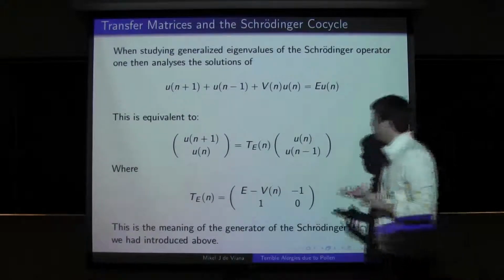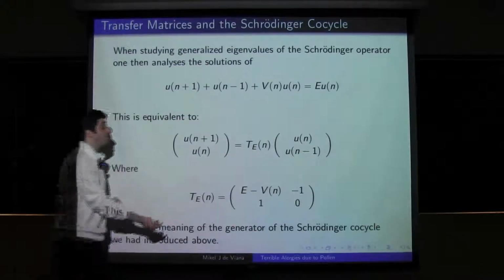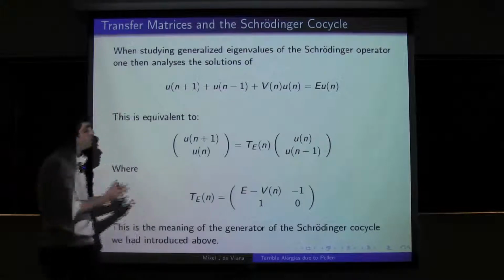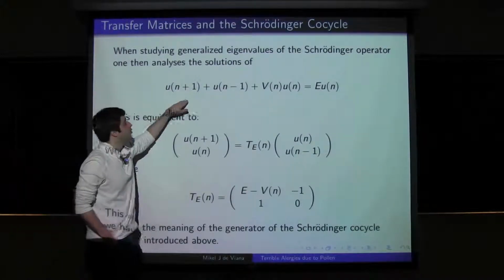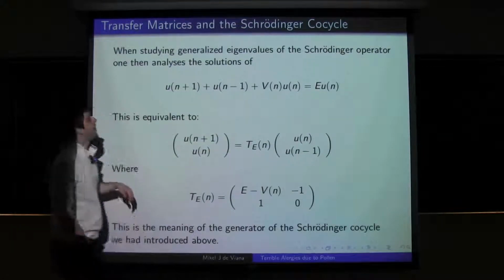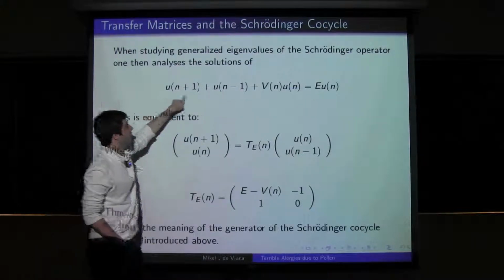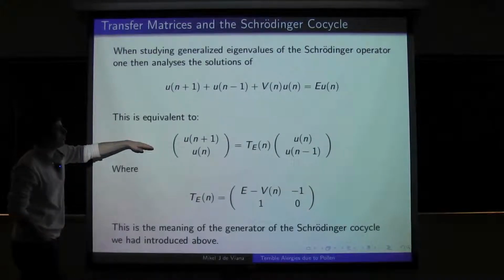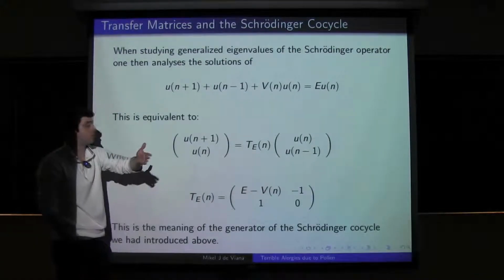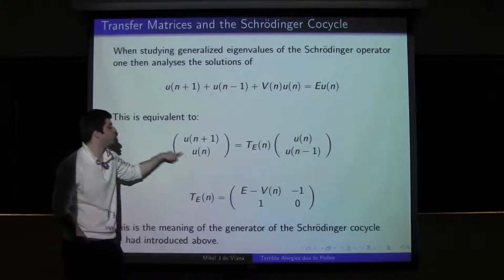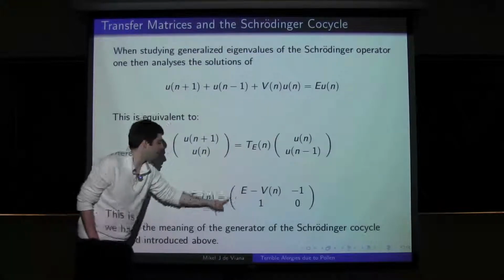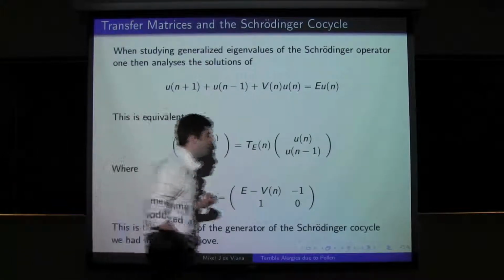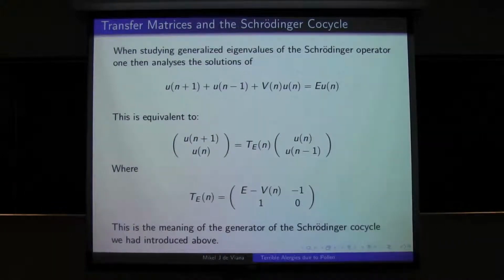So the cocycle that appeared in the previous slides comes because the study of this system is often reduced to the study of the eigenvalues of this operator on sequences, all right? And this equation is equivalent, by a trick that we have used in this course as well, to solutions of this system, where T_n is this matrix, and this is exactly the matrix that appeared in the previous slide. All right?